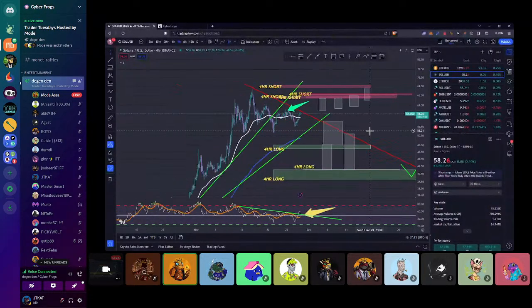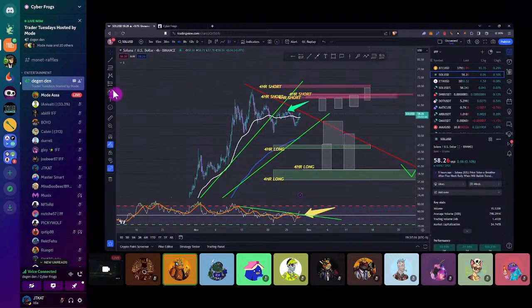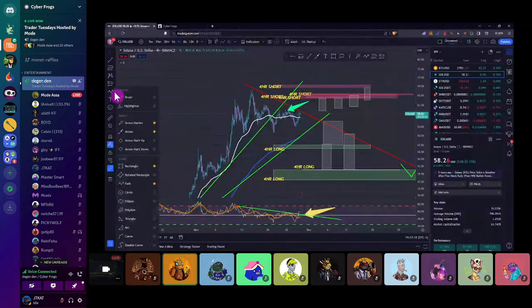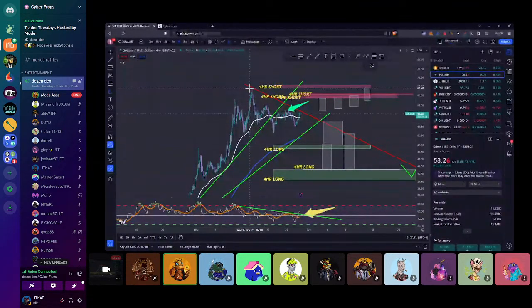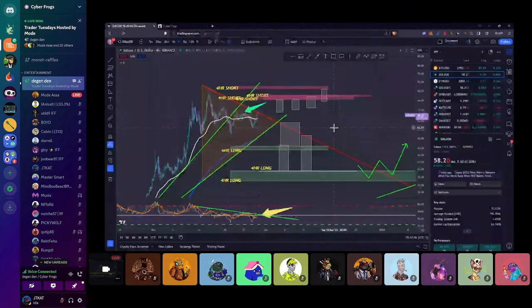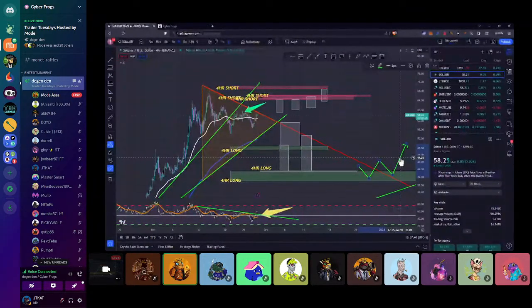So how Thor operates, again, right now we are in this wedge. Everything inside of this right now is just noise, right? So Thor is not saying the market is going up or the market's going down. That's not what Thor does.